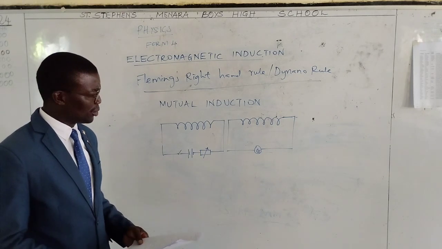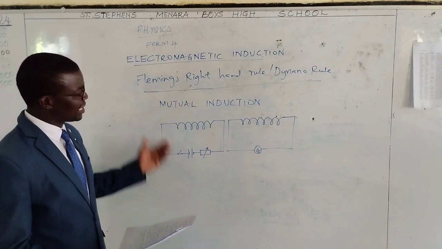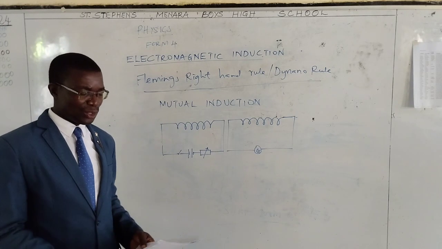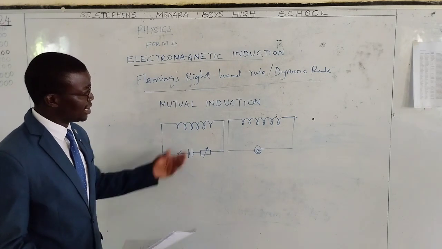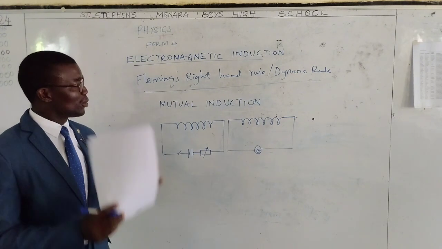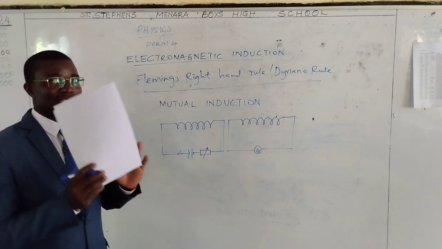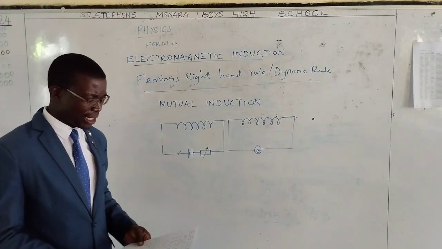You can vary current using it. Number 3, by using alternating current in the primary coil. So using AC can also cause a change in current in the primary coil. And this change is very important. It will cause changes in magnetic field, which makes the secondary coil have induced current.